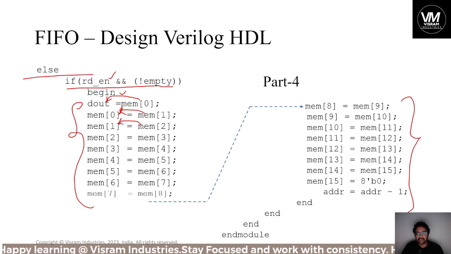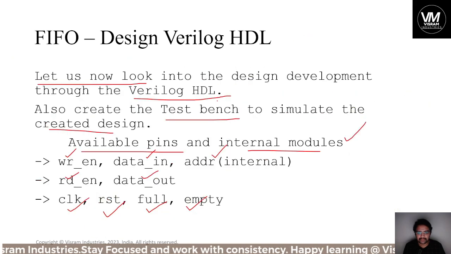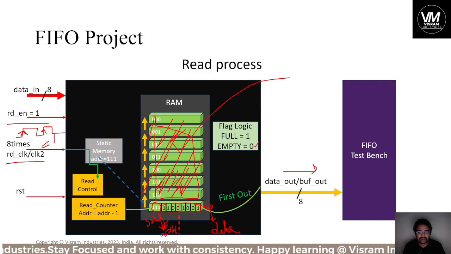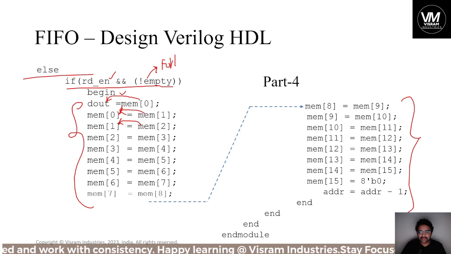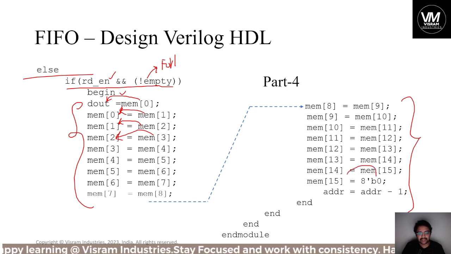Not empty means, for the reading process, the entire memory should be full. See, full is 1 and empty is 0. Understood, guys? So mem is equal to mem of 1, whatever the data in the previous state comes to the next state until you have the 15 registers, the 15 locations, you get the data.